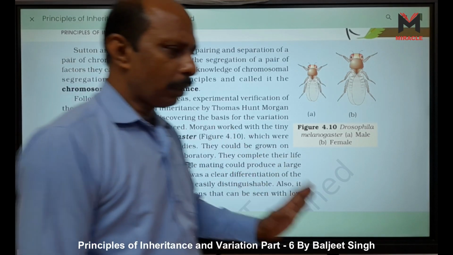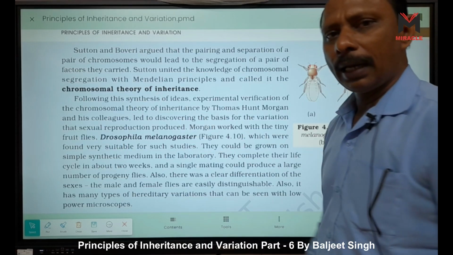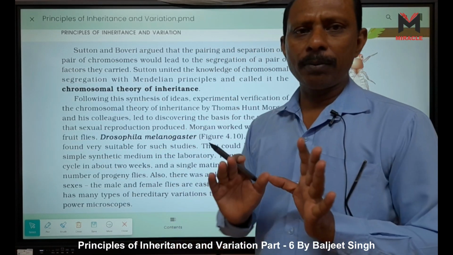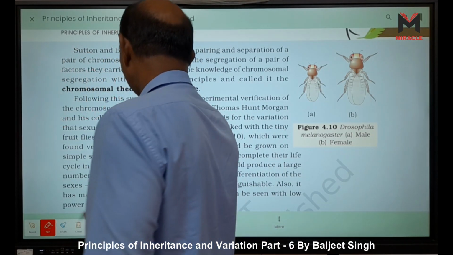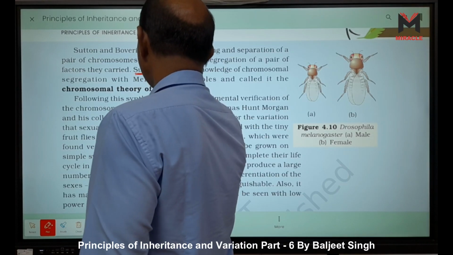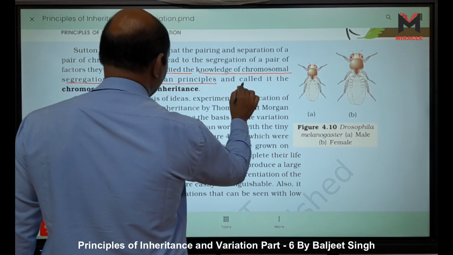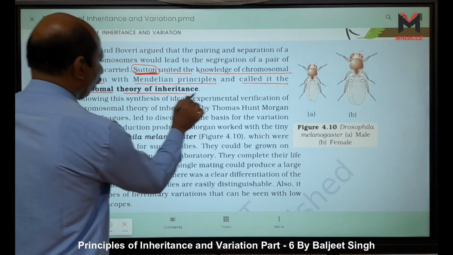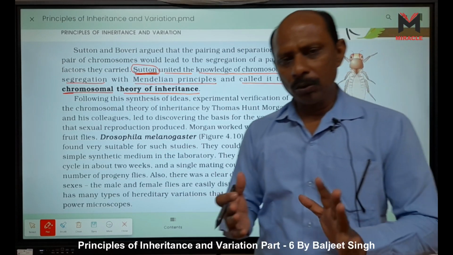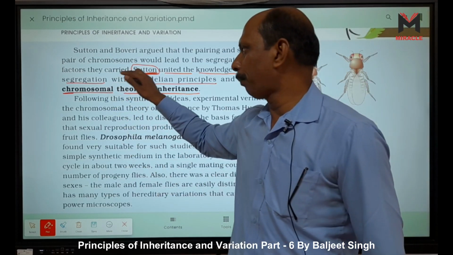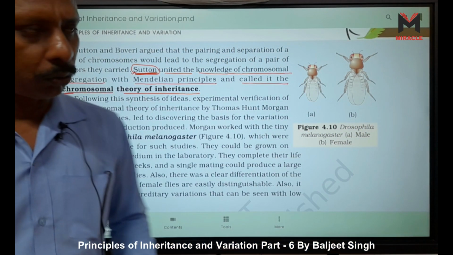Actually, Sutton and Boveri both are responsible for the proposal of this theory. But in our NCERT, it is given as Sutton. So if an MCQ gives Sutton separately, you have to choose Sutton only, but if Sutton and Boveri are given, that is also correct.